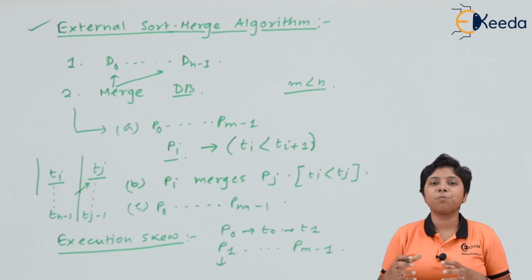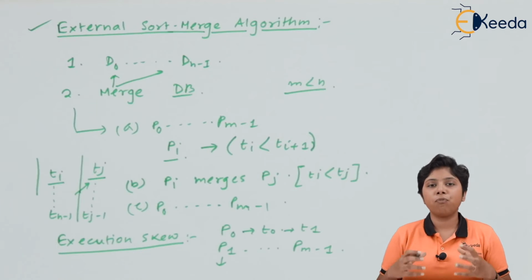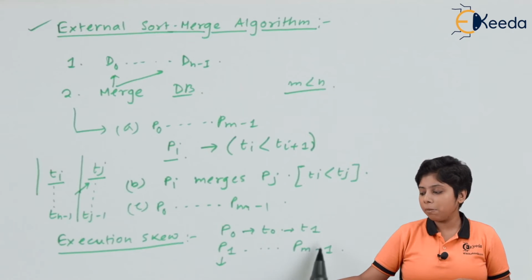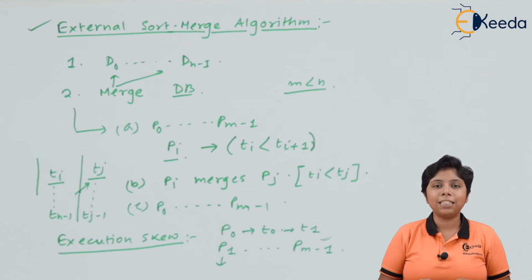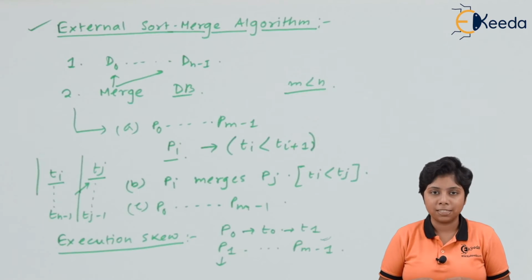The Pm minus 1 processor needs to wait for processors P0, P1 to Pm minus 2 to finish their execution. This is the main problem with the external sort merge algorithm. It becomes a skew for the last processor, which is waiting for the first processor to finish.